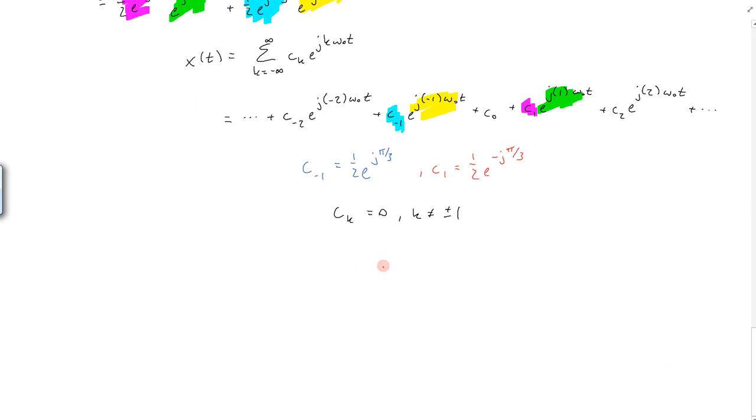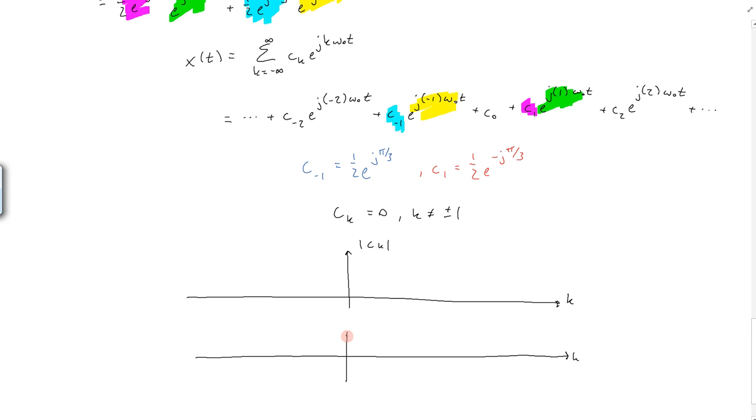Now we can plot this. We can plot this on the omega axis or on the k axis. So let's start with k. And we're going to plot separately the amplitude and the phase. Well, we know that the only place where we have any component is going to be at 1 and -1, and that's going to be at an amplitude of 1/2, since that's that first part over here. So that's 1/2, 1/2, and everything else is going to be 0.